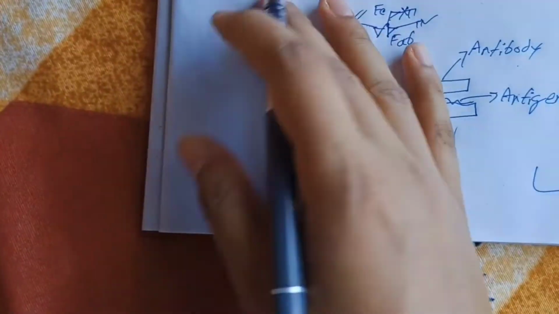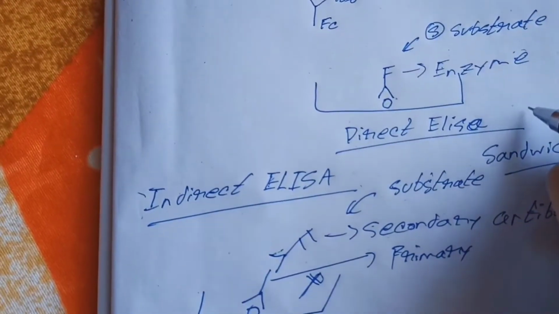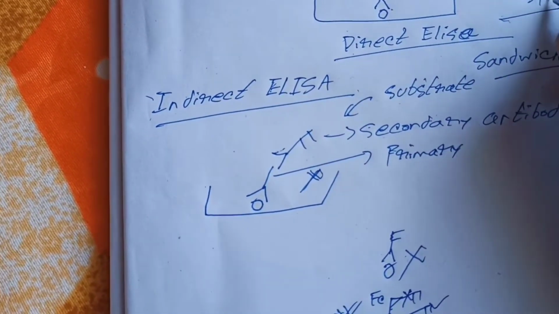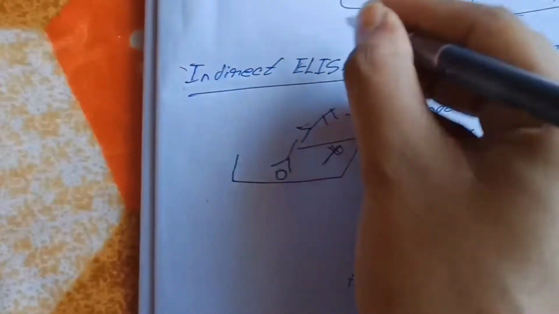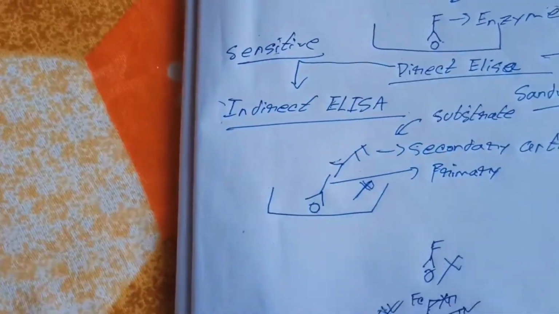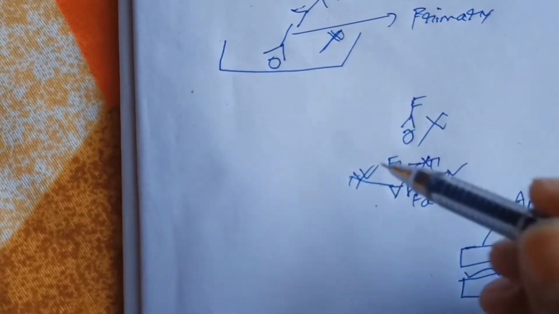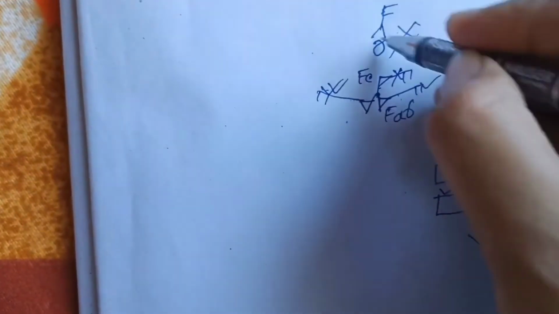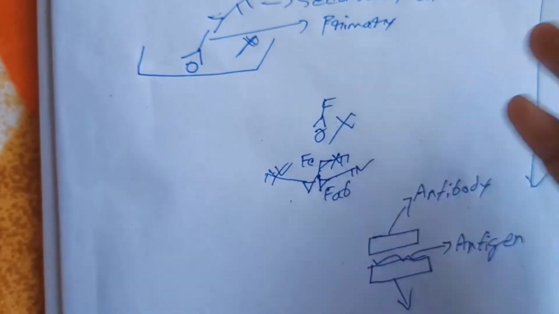The main difference is that when we go from direct to sandwich, it is specific, and when we go from direct to indirect, it is sensitive. Why sensitive? As I just told you, there are multiple antigen antibody bindings, so the result is more sensitive, meaning the substrate color that forms will be more accurate.